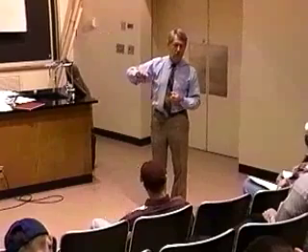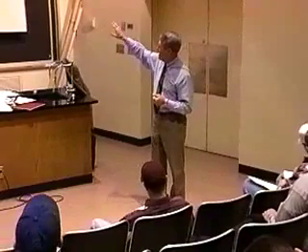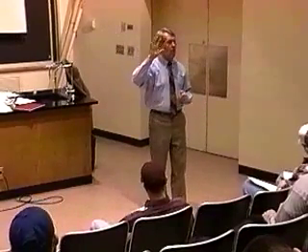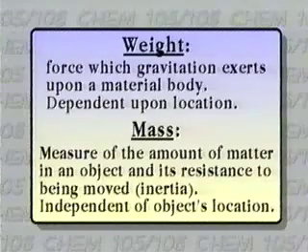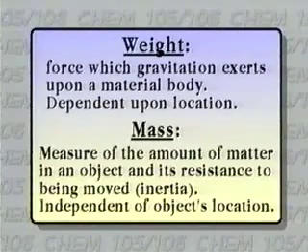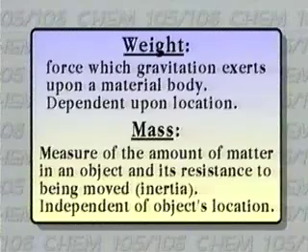So notice that the mass on the Earth, the mass on the moon, the mass in a spaceship are all equal. It doesn't make any difference. Mass is, by definition, a resistance to being put in motion. It's a resistance to being put into an inertial state, into a moving state.